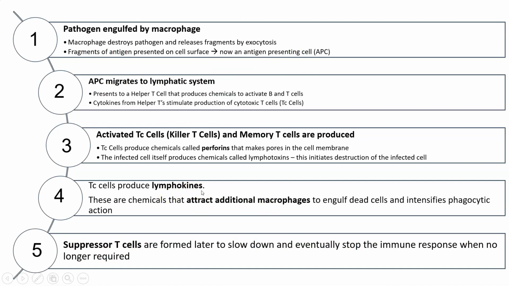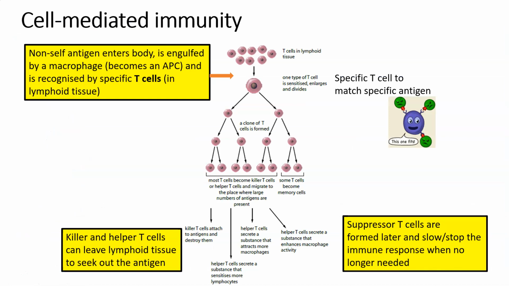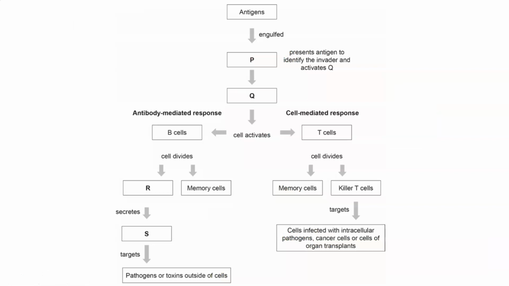The lymphokines, remember, attract macrophages to increase the intensity of phagocytosis and get rid of that pathogen. After that's all taken place, the suppressor T cell will dampen down that immune response. Okay, hopefully that was pretty straightforward to follow.